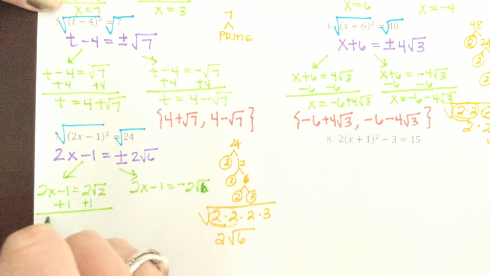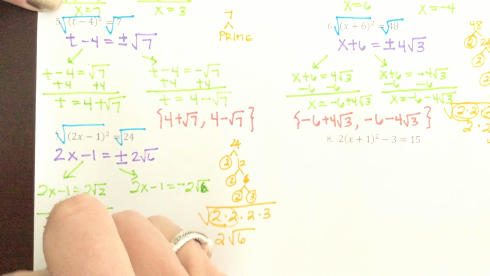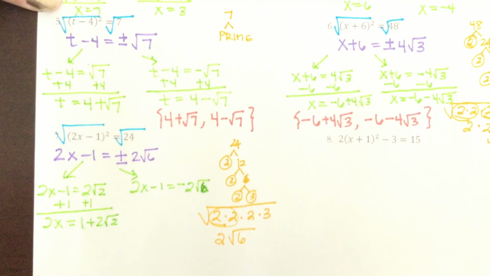So the left-hand side is 2x, and on the right-hand side, I cannot combine 1 and 2 square roots of 6 because they are not like terms. So I'm going to write the whole number followed by the radical. And then finally, to solve for x, we're going to divide both sides by 2. So it looks super messy, but our solution here is 1 plus 2 square roots of 6 over 2.